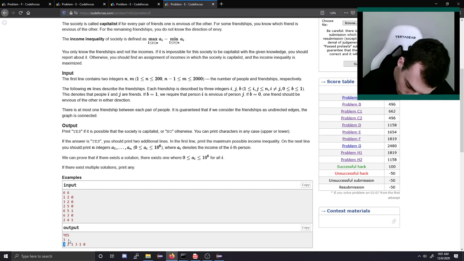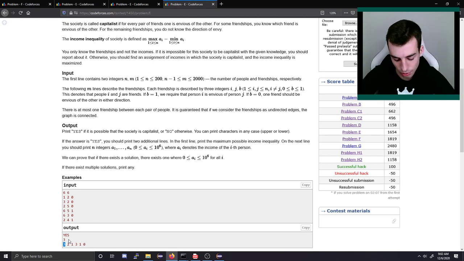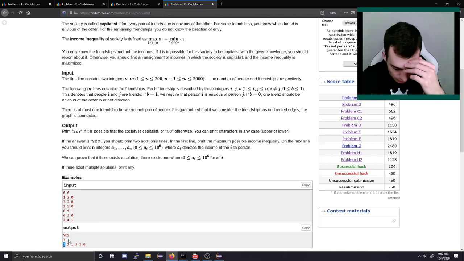I see. I'm fixing the wrong thing. Maybe that's the problem. So here's node 1 with a 0.